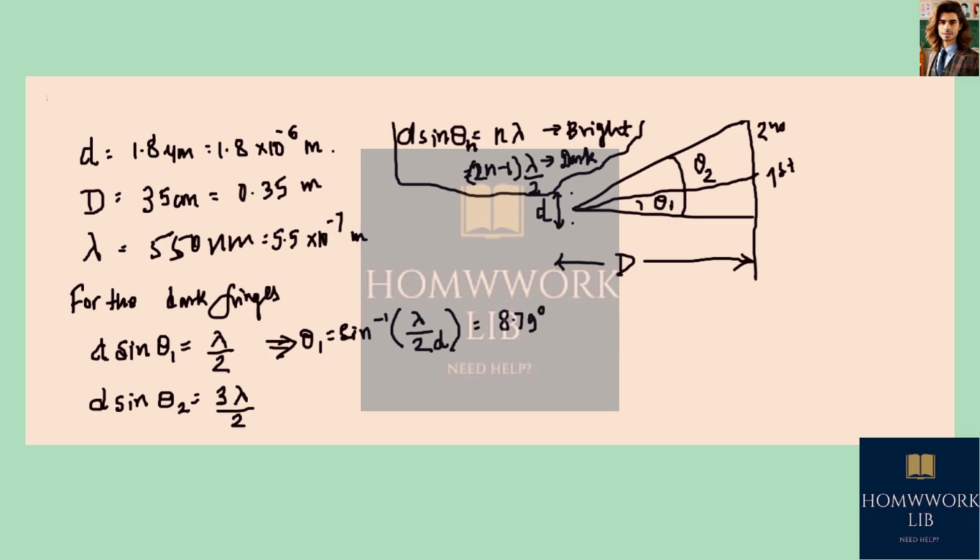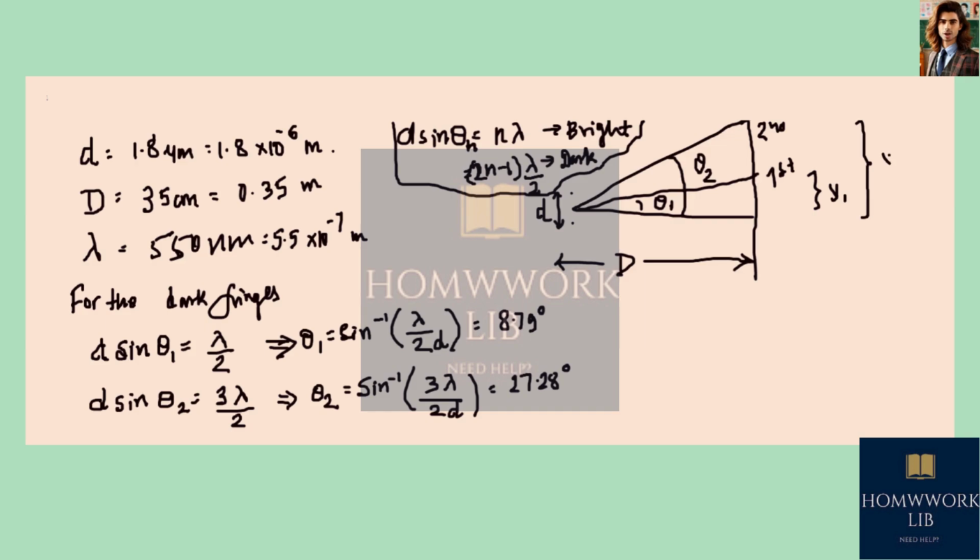Alright, and from here theta 2 equals sine inverse what? 3 lambda by 2d. So plug the values of lambda and small d here. This comes out to be 27.28 degrees.